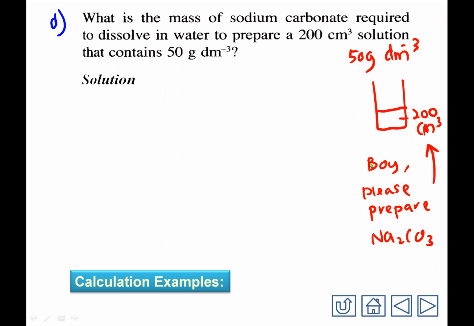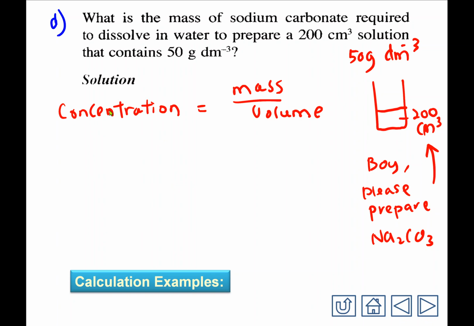So prepare 200 ml water, 你准备 200 ml 的水, and you add some sodium carbonate powder into the water, and you stir, 搅几下就 OK 了。But the problem is here, how many grams should you add inside? 你需要加多少 gram 下去呢? 不知道，对不对? 很简单 formula 啦。Concentration equals the mass per volume, 就是 1 liter 里面有多少 gram. So the concentration that your teacher wants is 50 gram per cubic dm. And the mass, 你必须加多少的 sodium carbonate 的粉下去呢?